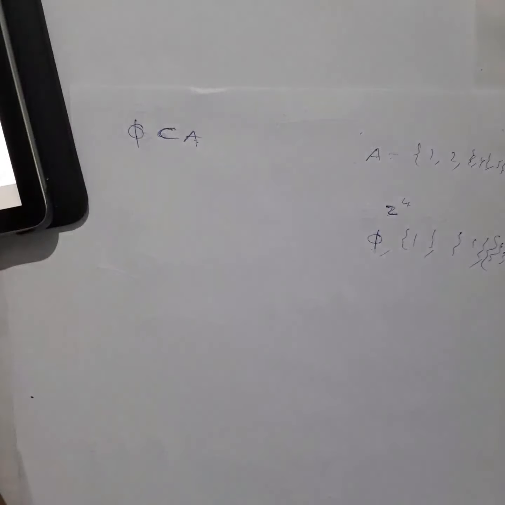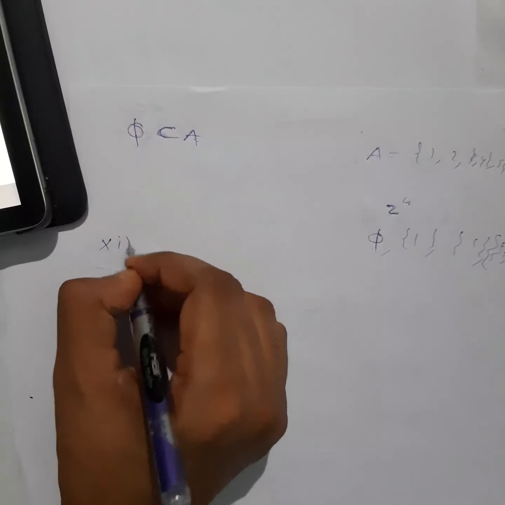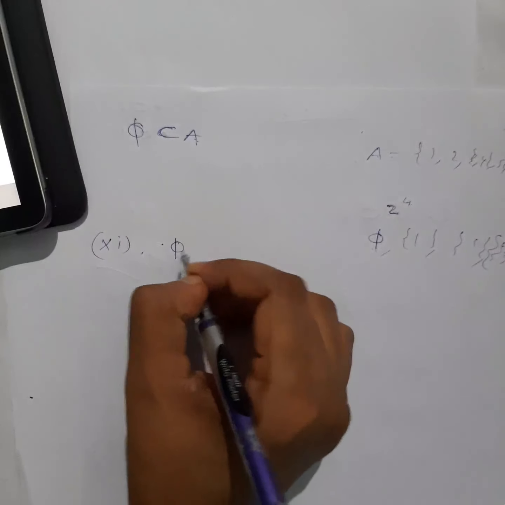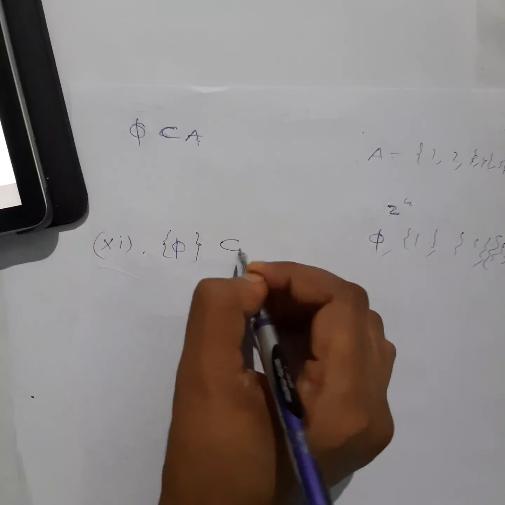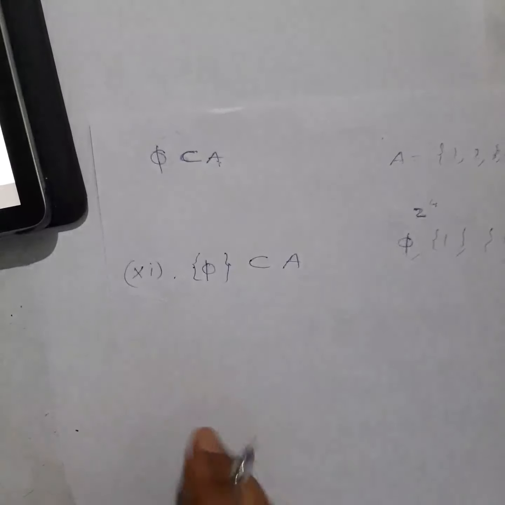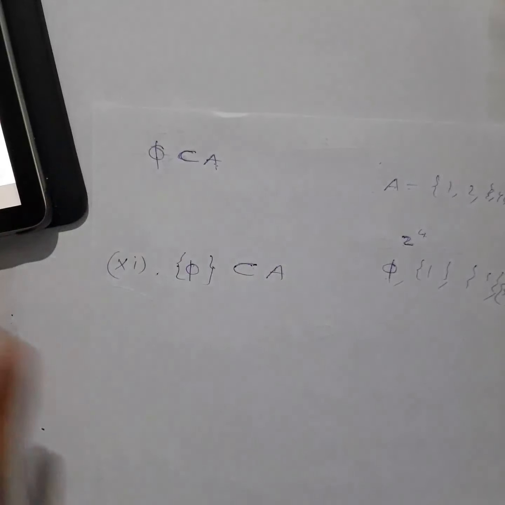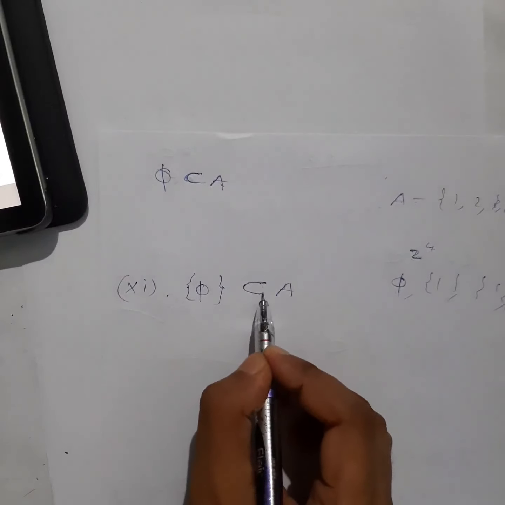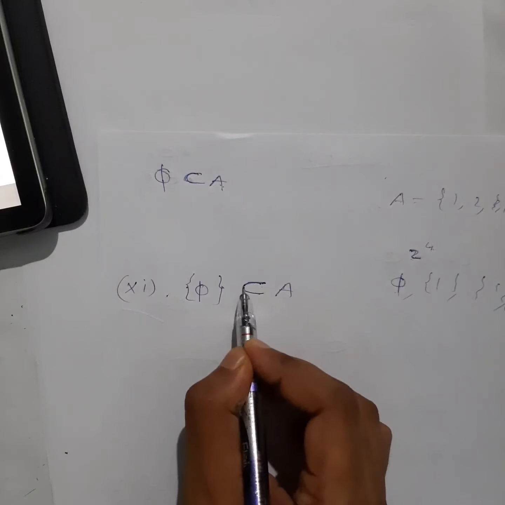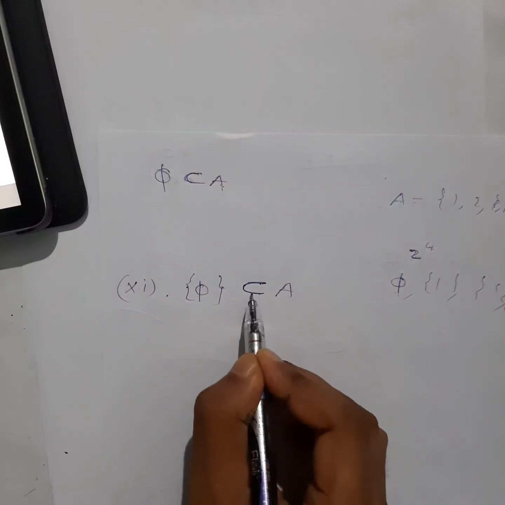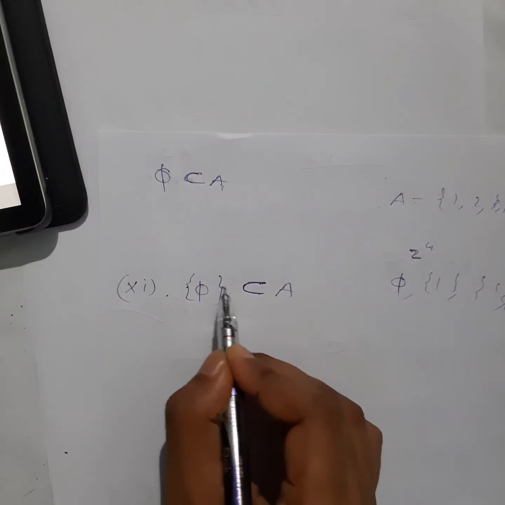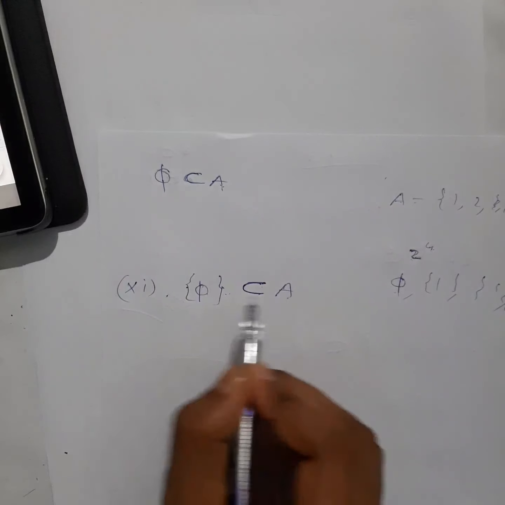Okay. So number 11. Phi subset of A. Now see carefully this one. Just to confuse you, a different type of question has been given here. Now when I see this symbol, what do you understand? Subset means before this a set must be there, and elements of this one must be elements of this, right?